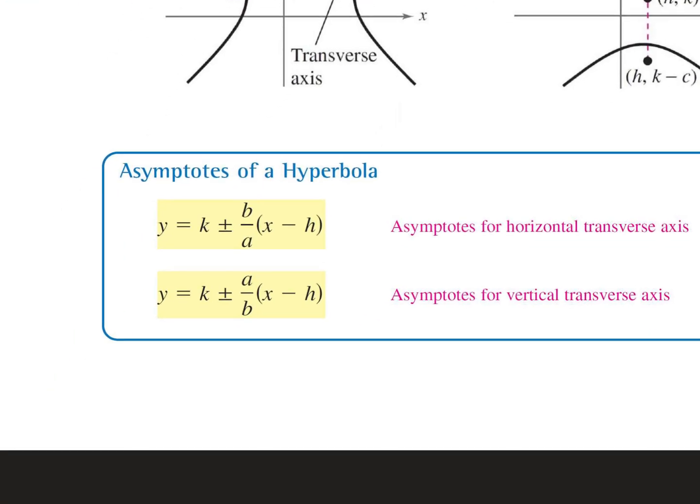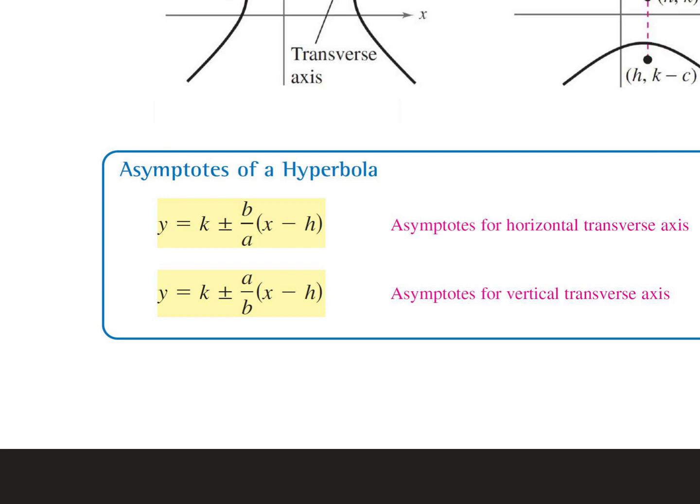Another thing that changes a tiny bit is your asymptotes. You're still going to have an equation. Notice what the only thing that's different is when you're not at the center. What's the only thing different in these two equations? Whether it's b over a or a over b. If you had a horizontal, the first example we had a horizontal, our asymptote was y equals b over a times x, correct?